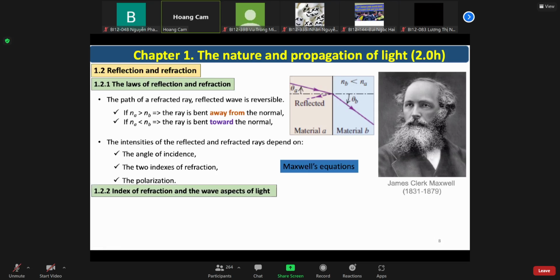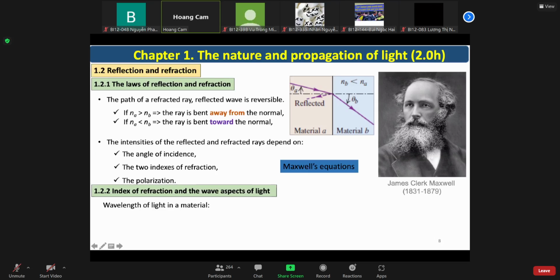The index of refraction we mentioned before, n, is equal to c divided by v. It is the ratio of the speed of light in vacuum to the speed of light in the material, which is the index of refraction.